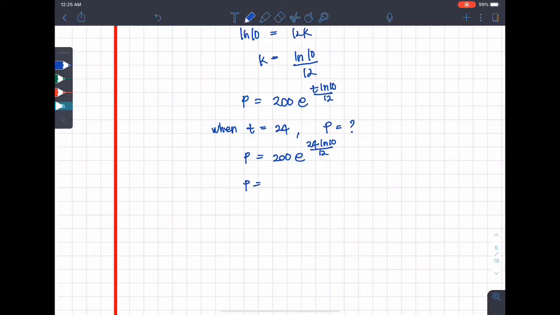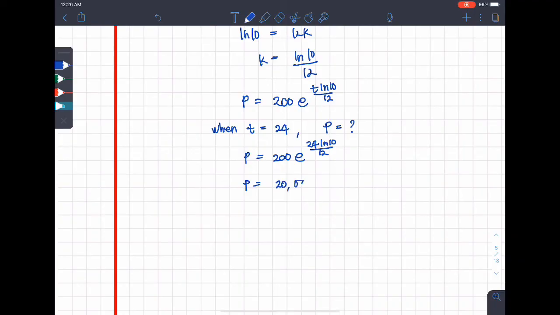Using our calculator, we input 200 e raised to 24 ln 10 divided by 12. That gives us an answer equivalent to 20,000 bacteria.